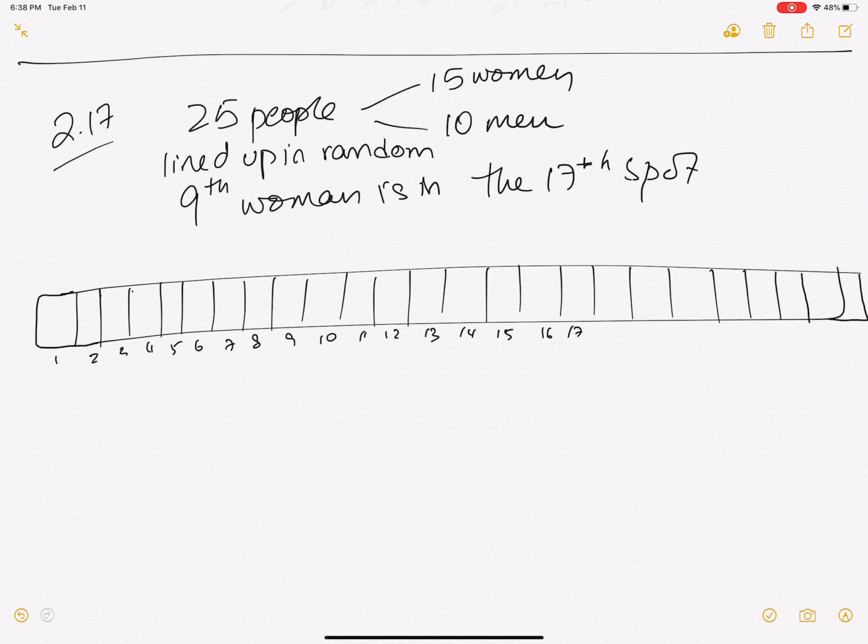You randomly arrange these 25 people in these 25 spots, and what you want is a woman to be in the 17th spot.